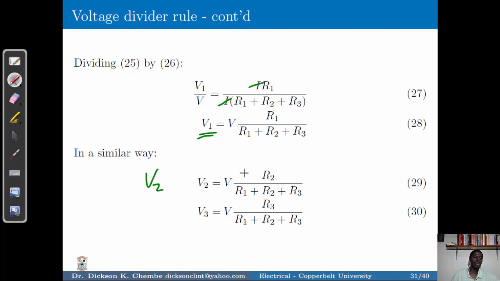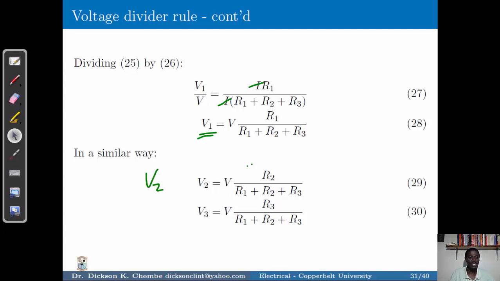So the voltage division rule is quite straightforward. Whatever resistor you are finding the voltage across becomes the numerator, and then you add up all the resistances that are in series. And that is the current division and voltage division rule.